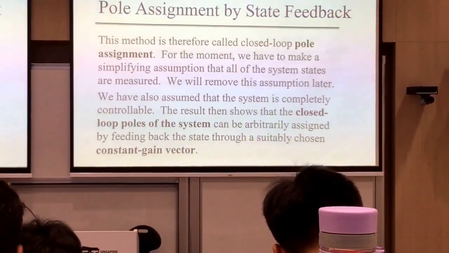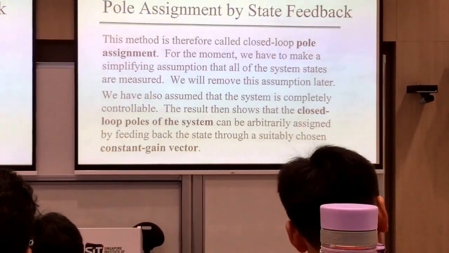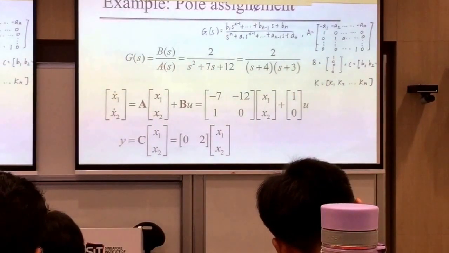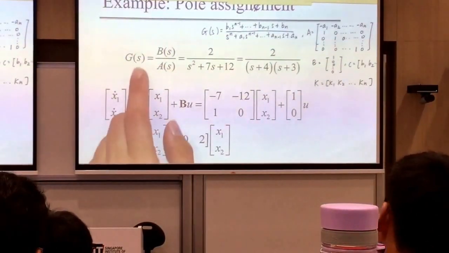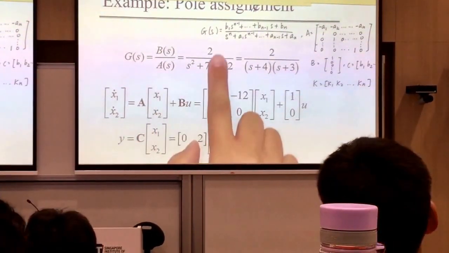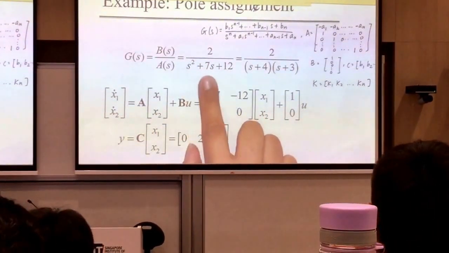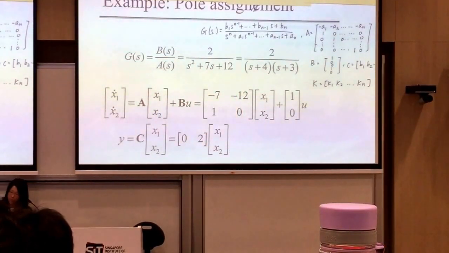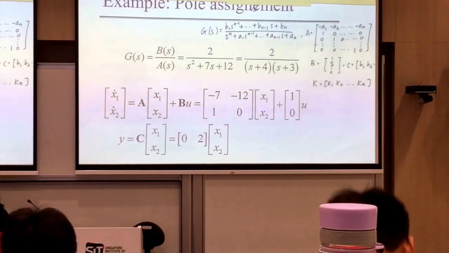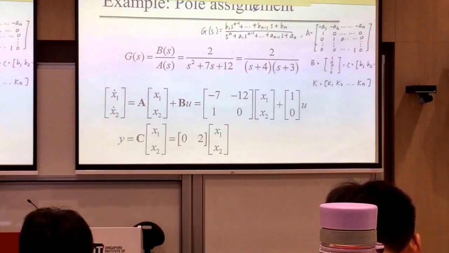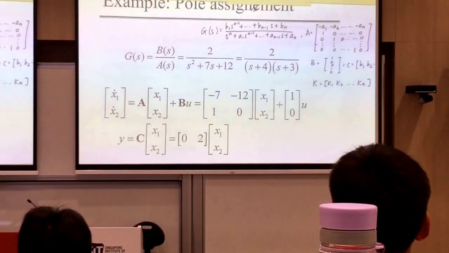Okay, now with circle 1 and circle 2, yes? Example for pole assignment. If you have a transfer function G(s), which is a polynomial transfer function, 2 over s squared plus 7s plus 12. We call this the controller canonical form because now we're designing a controller for pole assignment.